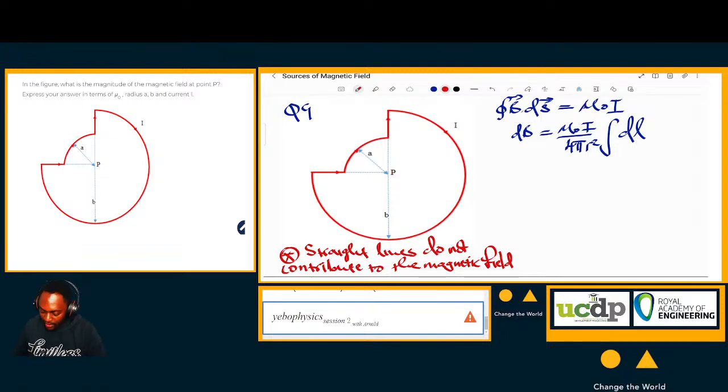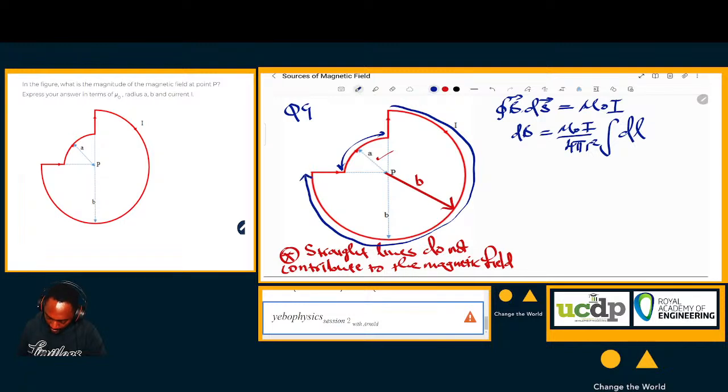Now having said that, we can see that we've got two curved sections: the smaller section with a radius of A, and the larger section with a radius of B. Which means we have two sections of the wire contributing to the magnetic field at point P, and the total is the sum of their contributions. So we need to determine the magnetic field due to this part of the wire and also due to this part.